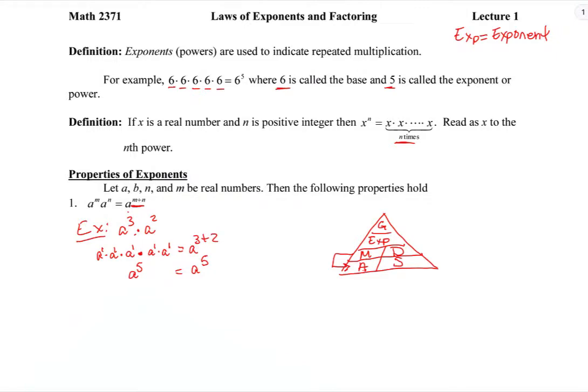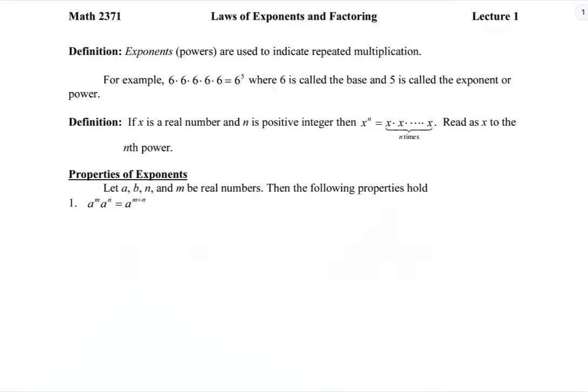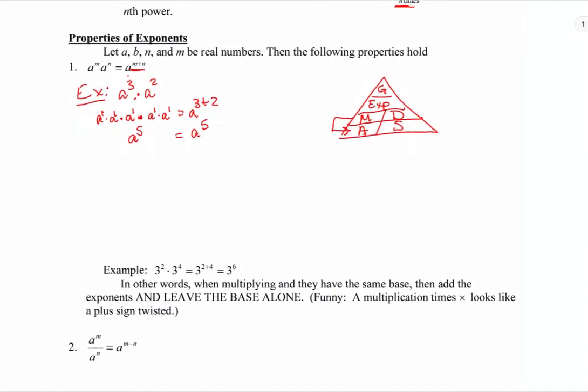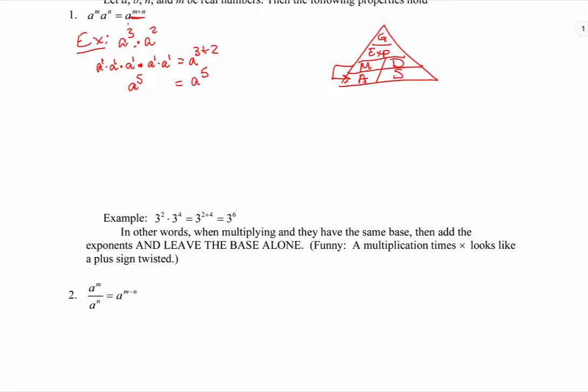Now, I want you to see the next property. The next property is that if I'm dividing my bases, what am I doing to my exponent? So if I divide my bases, then I subtract.